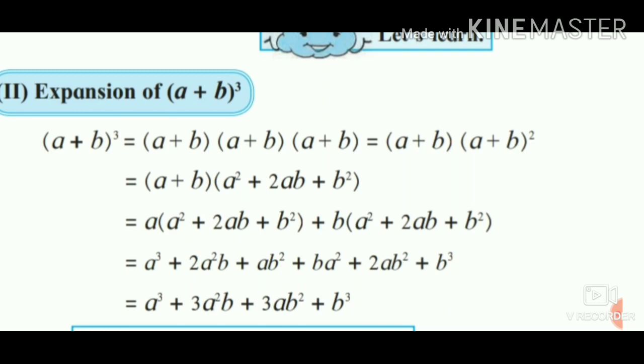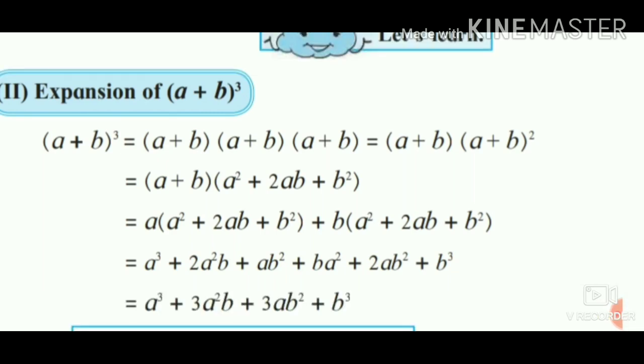Now you need to find out which are the same terms which can be added. In that second last step, you can see there is 2a square b plus ab square plus ba square. This ba square is actually a square b, so it can be written as a square b also, and we have 2a square b, and here we have 1a square b.